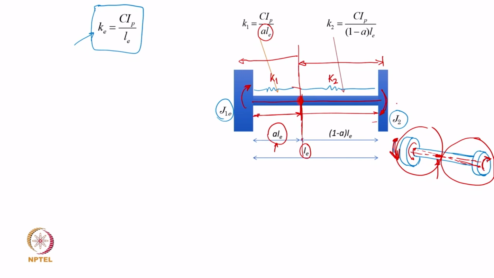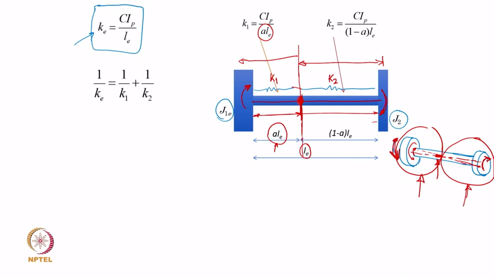So, these are the two spring stiffnesses, and we all know that the natural frequency of this part of the system has to be identical to this, otherwise the position of the node, or the 0 displacement position, will not be exactly the same irrespective of the time. So, each part has to oscillate with the same time period for this entire system to vibrate at the same natural frequency.